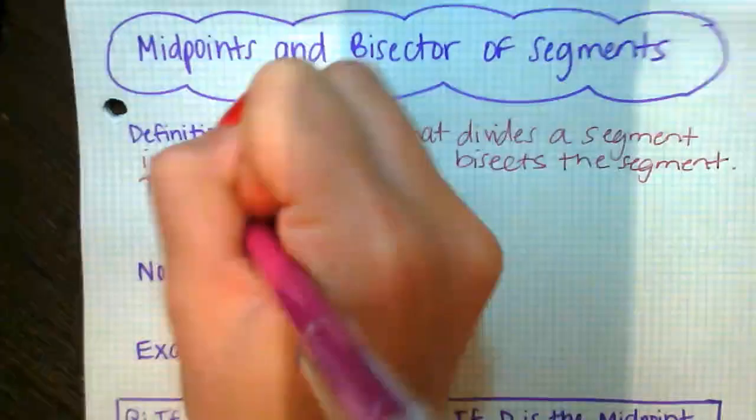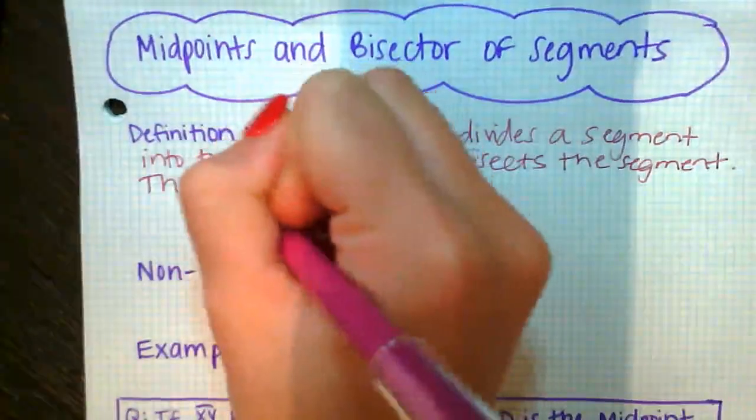Okay, and the bisection point is called the midpoint.